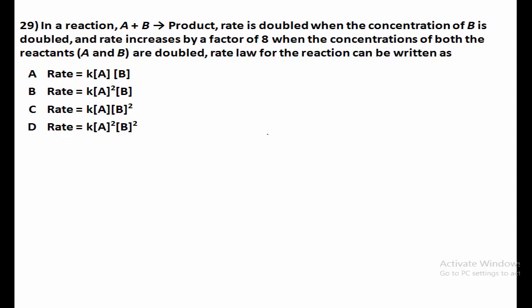Next, 29th, in a reaction A plus B gives product. Rate is doubled when concentration of B is doubled, and rate increases by a factor of 8 when concentrations of both the reactants A and B are doubled. The rate law for the reaction can be written as. So simply see here, first consider the first option. Rate is equal to K into A into B. Now I will consider if rate is doubled when the concentration of B is doubled.